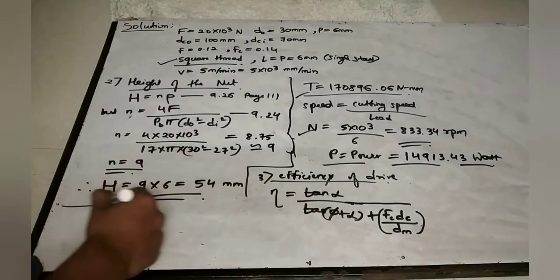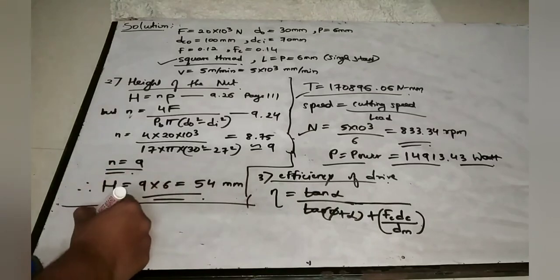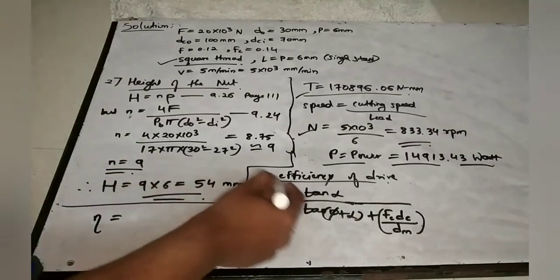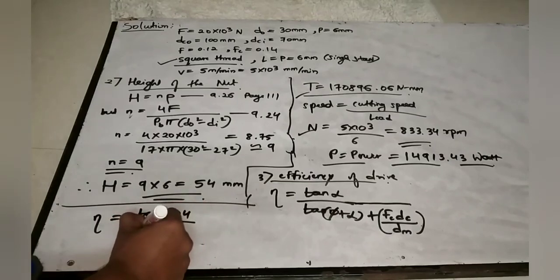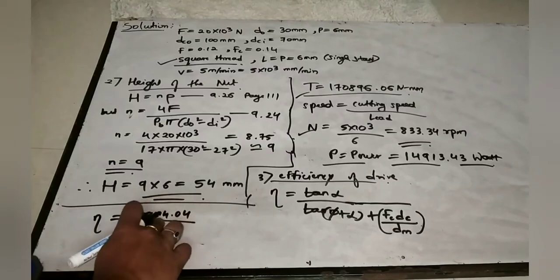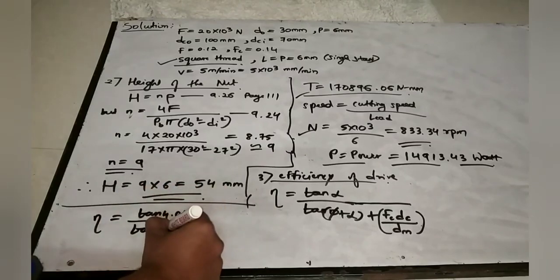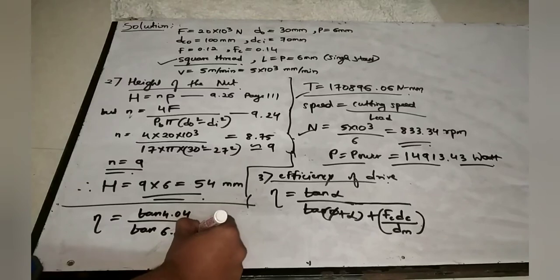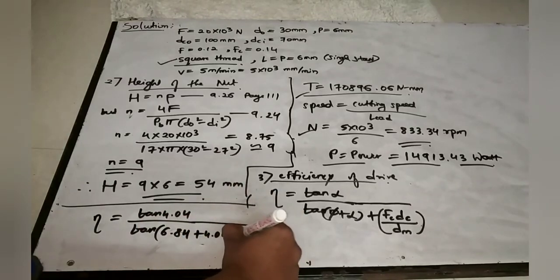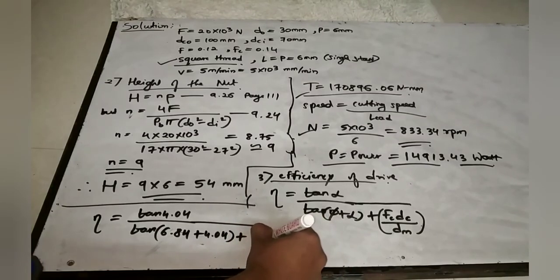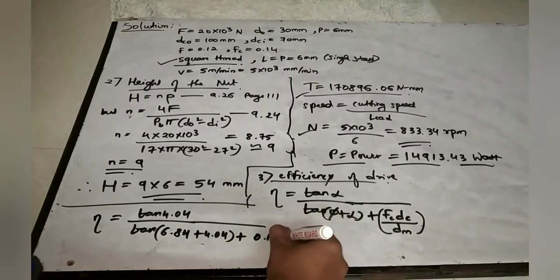So now if you substitute the values there, efficiency is tan of 4.04 divided by tan of, what is the friction angle, 6.84 plus 4.04, plus collar friction is 0.14, and how much is DC? 85 divided by 27 is the mean diameter.